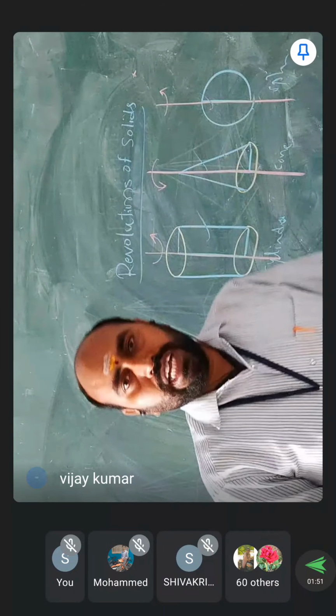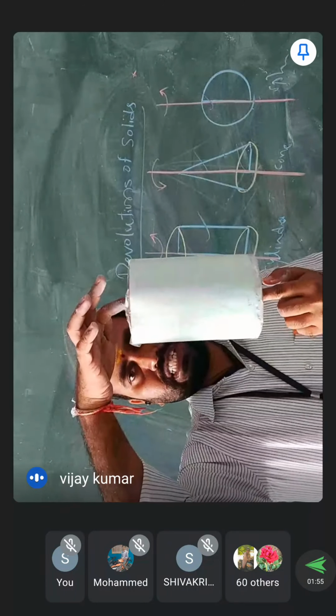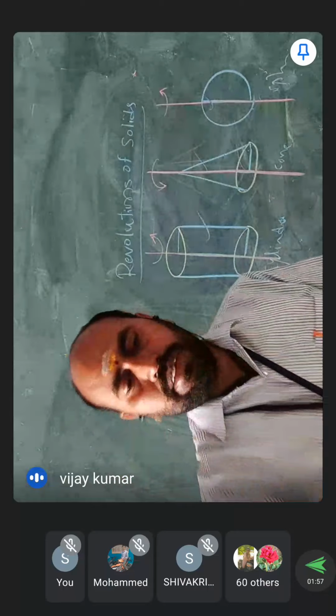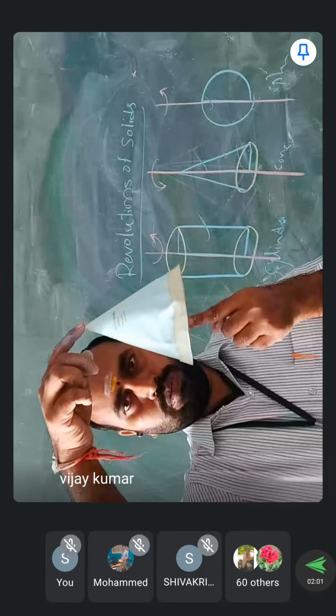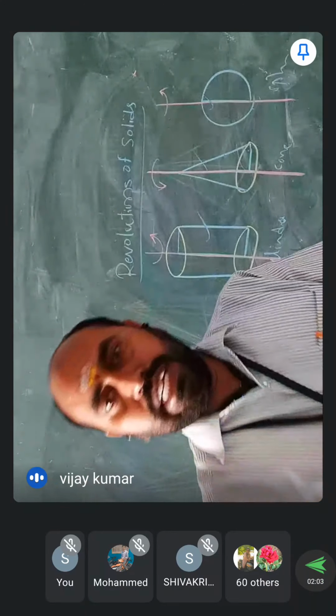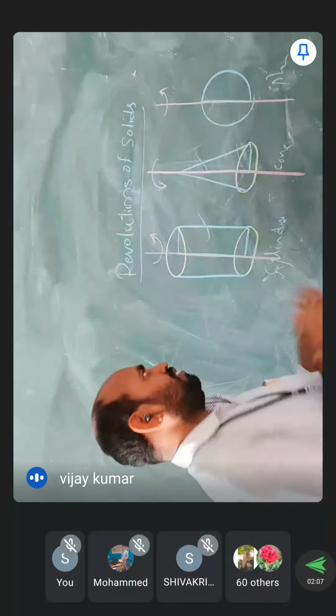So it gets formed into a cylinder, and that one is going to get into a cone. So the cone, cylinder and the sphere are the revolutions of the solids.